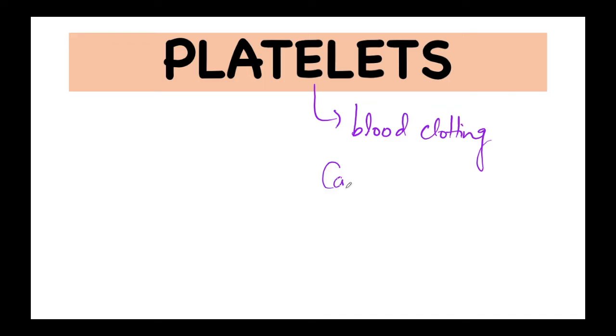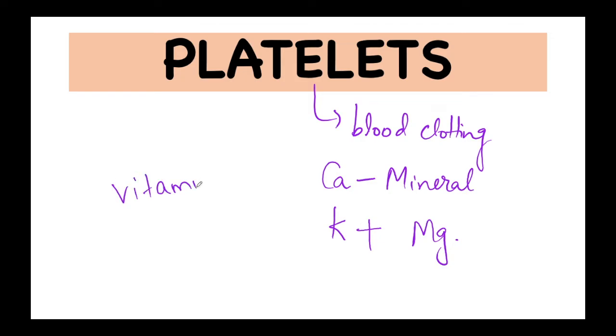That is calcium, and potassium also. One more mineral is also there, magnesium. Magnesium is also involved in blood clotting. So these are the three minerals which are required for blood clotting. And yes, here is one vitamin, vitamin K. It is also responsible to carry out the process of blood clotting.